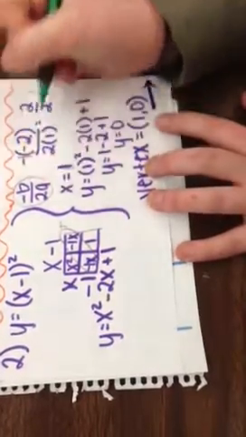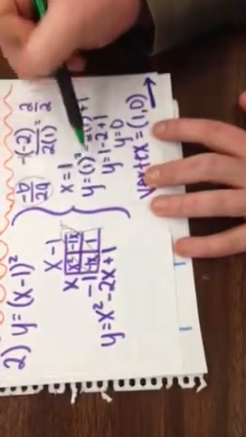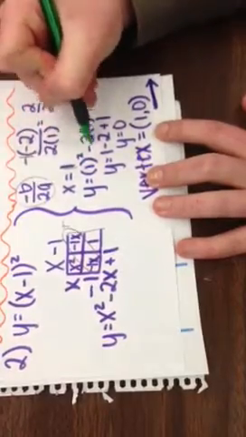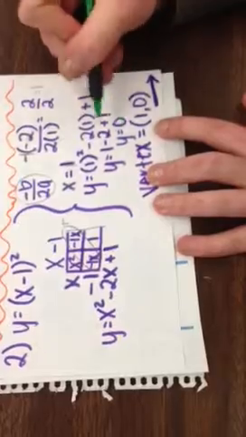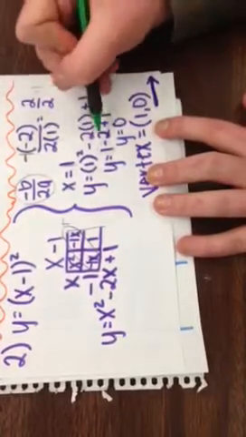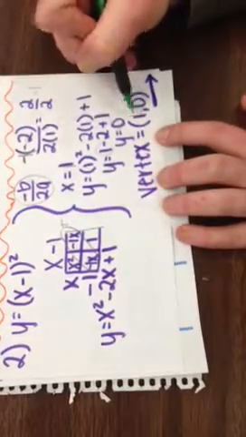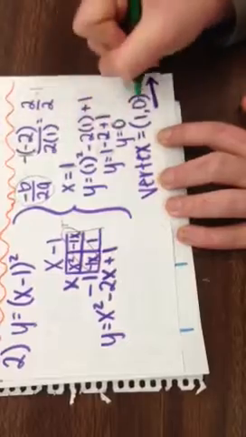So x equals 1. Then we're going to plug that in for x in the original problem. So y equals 1 squared minus 2 times 1 plus 1, which is going to equal 0 because these cancel out. So our vertex, we found x, which is 1, and then we found y, which is 0.